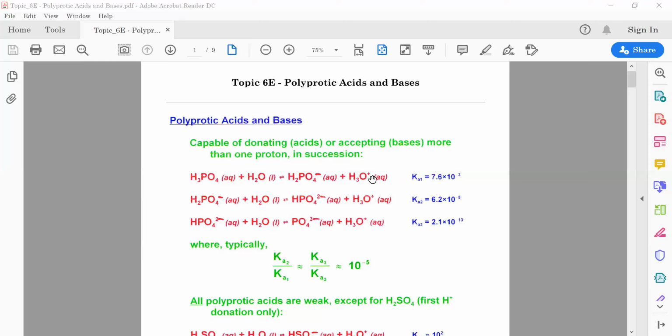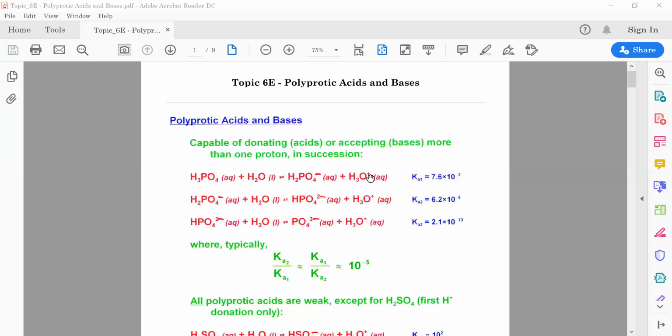The second step now is the dihydrogen phosphate, which is the conjugate base of phosphoric acid, but is itself still acidic because it can donate one of its protons. It does that to another water molecule to form its conjugate base, hydrogen phosphate, and another hydronium ion. The Ka for that second step is about 6.2 times 10 to the minus 8.